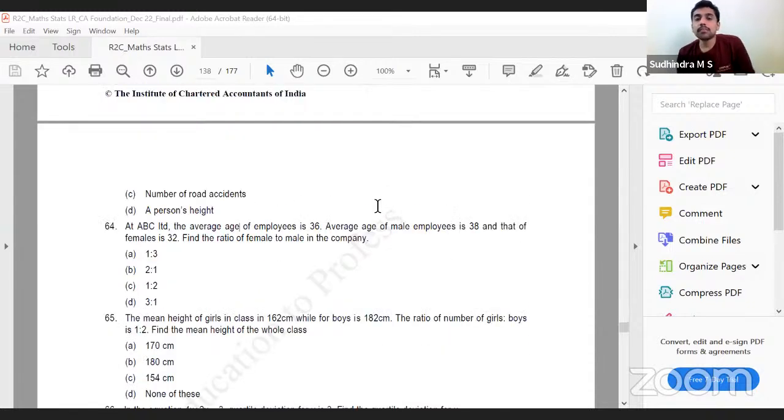Next question. Meanwhile, the mean height of girls in the class is 162 centimeters, while for boys is 182 centimeters. Ratio of number of girls to boys is 1:2. Mean height of whole class. Sir, 170 centimeters.